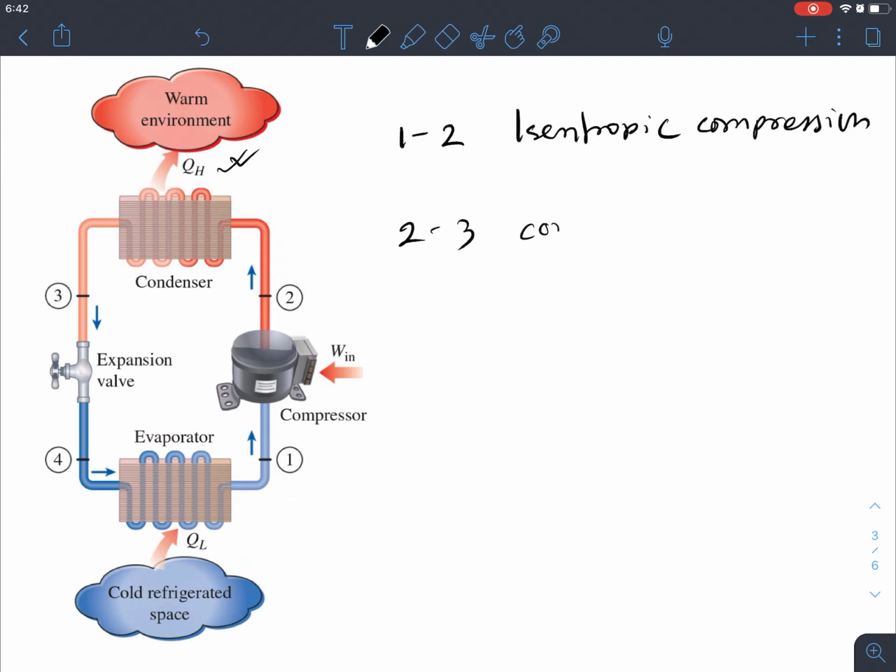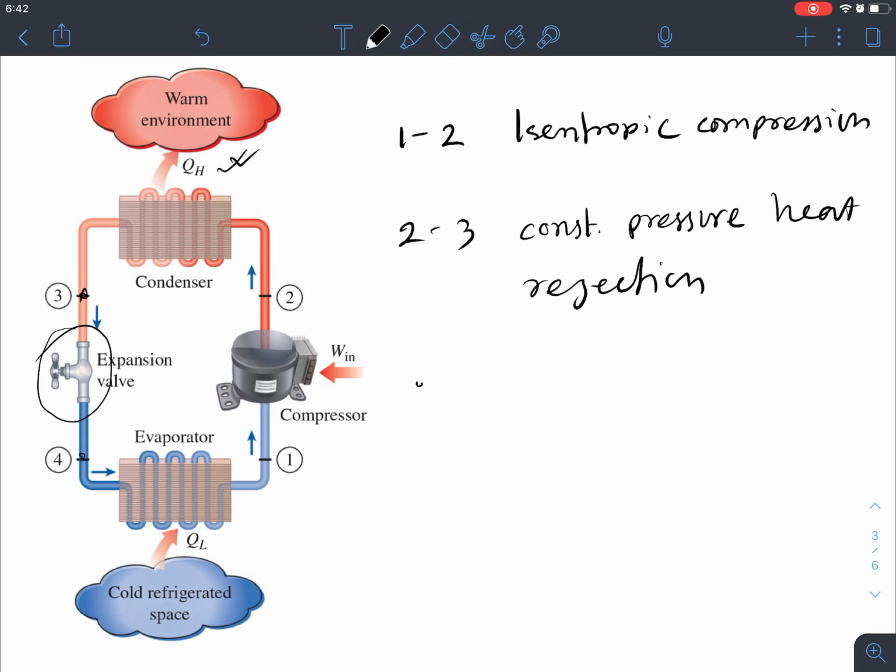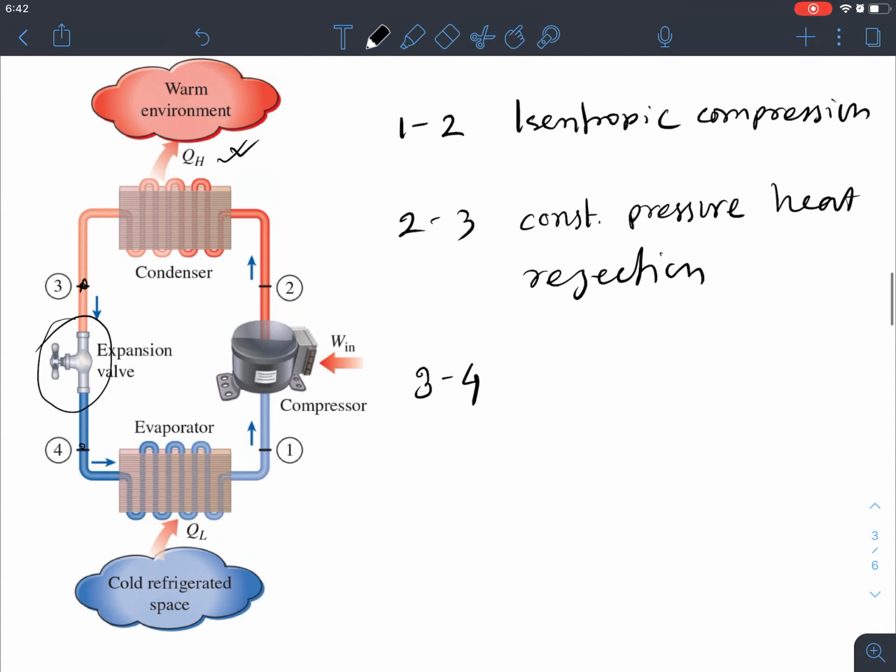So that heat rejection is constant pressure heat rejection. And then from 3 to 4, that's basically the expansion, right? So 3 to 4, it's throttling in an expansion device.